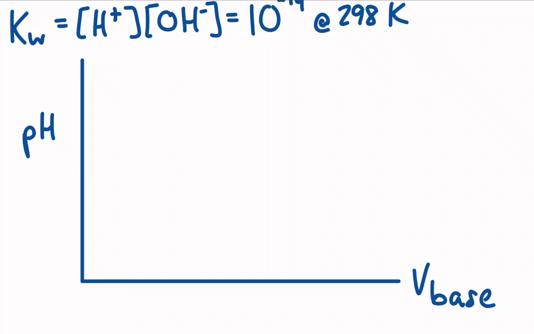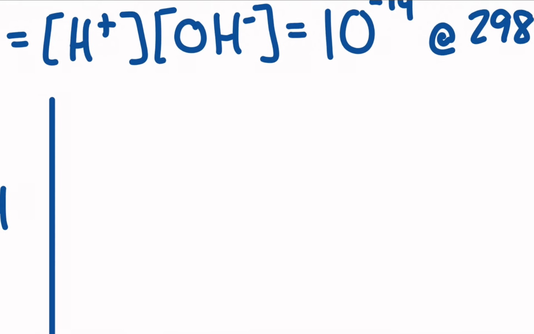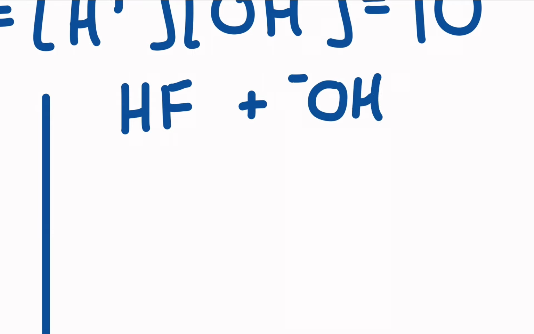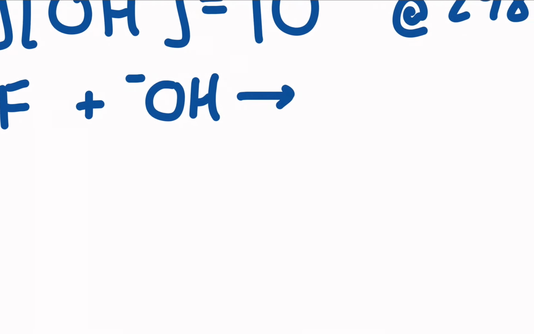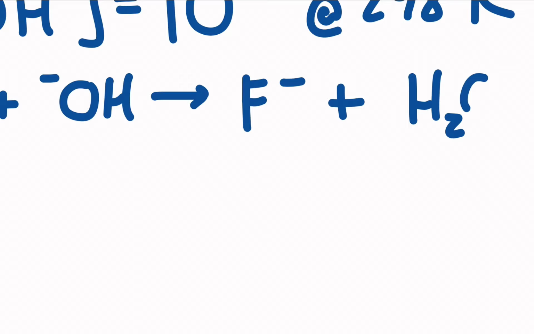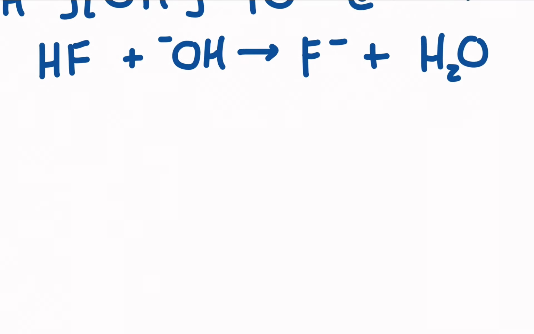And let's look at a generic titration of a weak acid plus a strong base. Let's say I'm titrating the weak acid HF with a strong base, hydroxide ion, that turns into fluoride plus a water molecule.